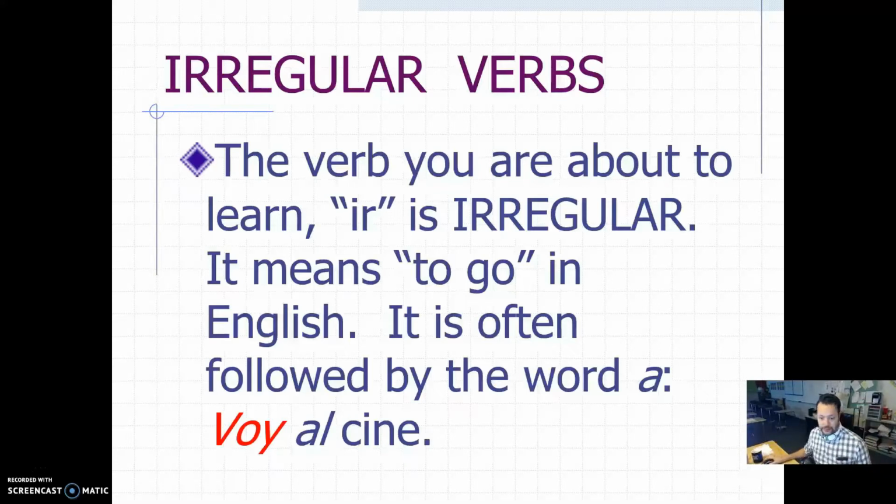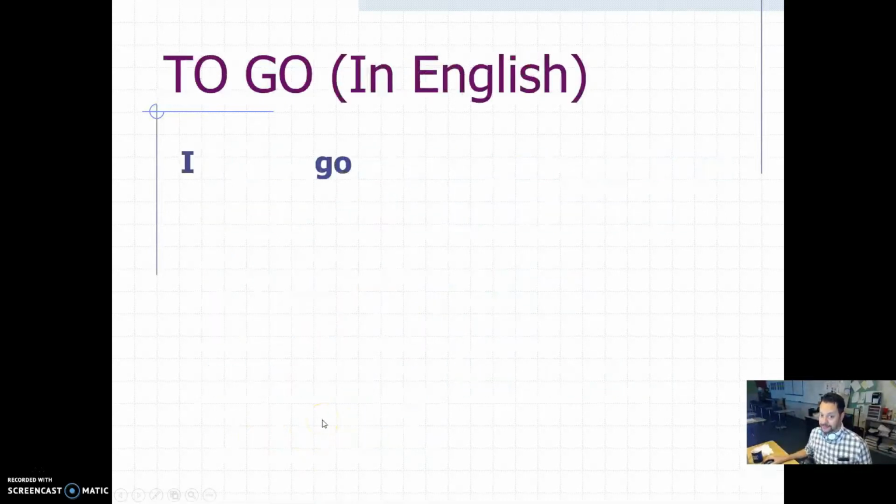So if you take a look right here, voy al cine, I'm going to the movie theater, where the al is actually two words combined into one. I've already taught you that if you have a and then right after it you have the word el, you gotta put them together and that makes a brand new word, al. All right, so voy al cine.